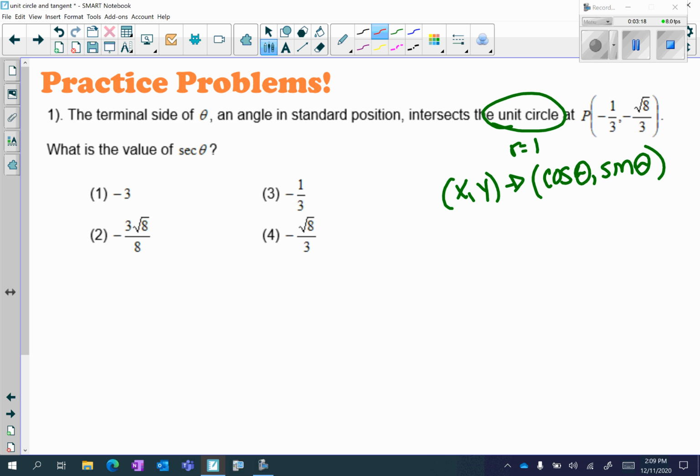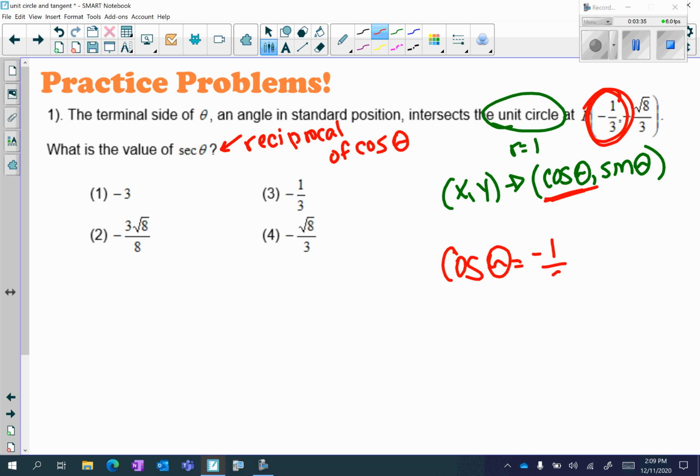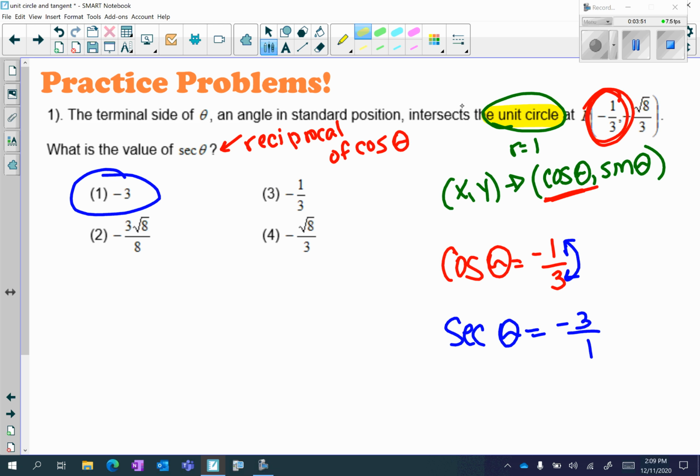So secant theta, remember, is your reciprocal of cosine. Cosine is x, so cosine theta is equal to negative 1/3. So to find the reciprocal, all I'm going to do is flip it. So the secant of theta is equal to negative 3 over 1, or negative 3. But remember, I can only do this because they told me I was on the unit circle.